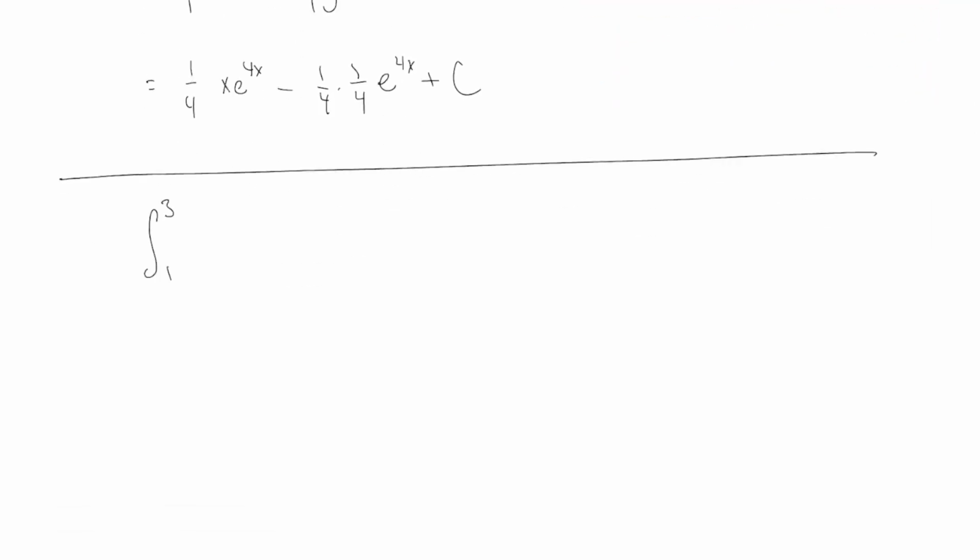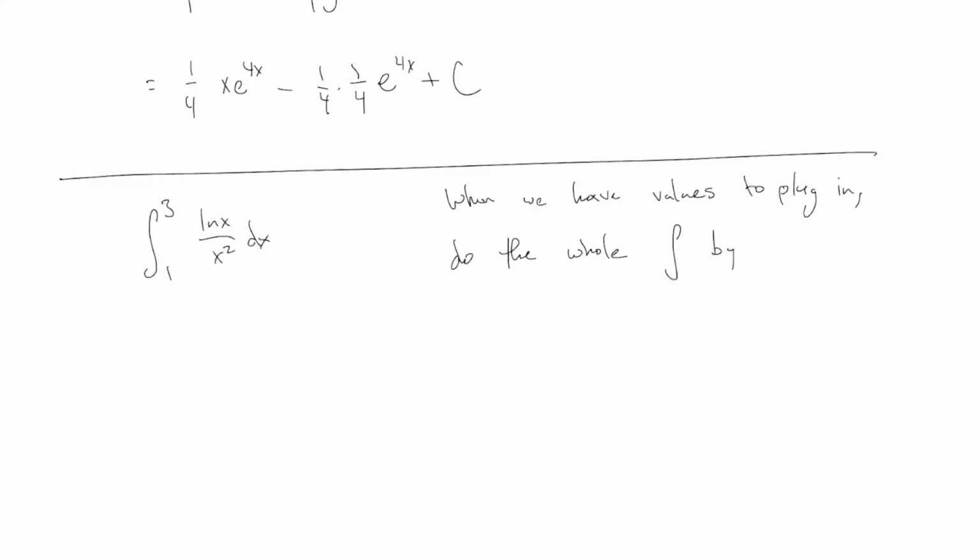How about the integral from 1 to 3 of ln x over x squared? So I'll just write in words what I'm about to do here. When we have values to plug in, I'm referring to the 1 and the 3, I will say it this way: do the whole integral by parts.